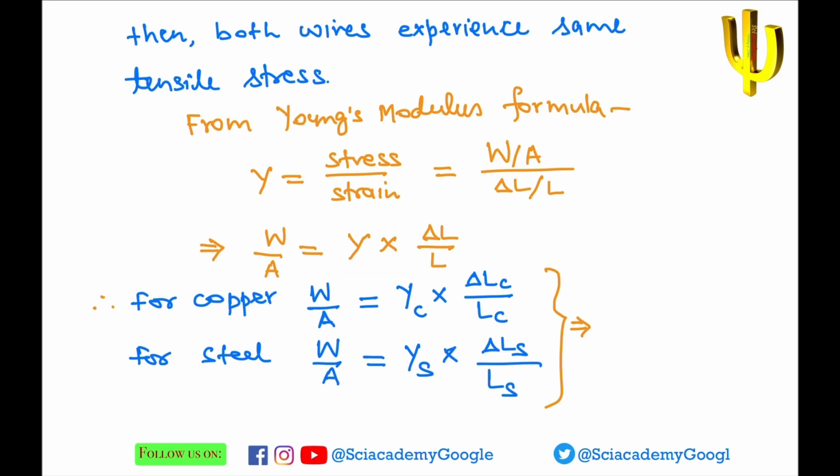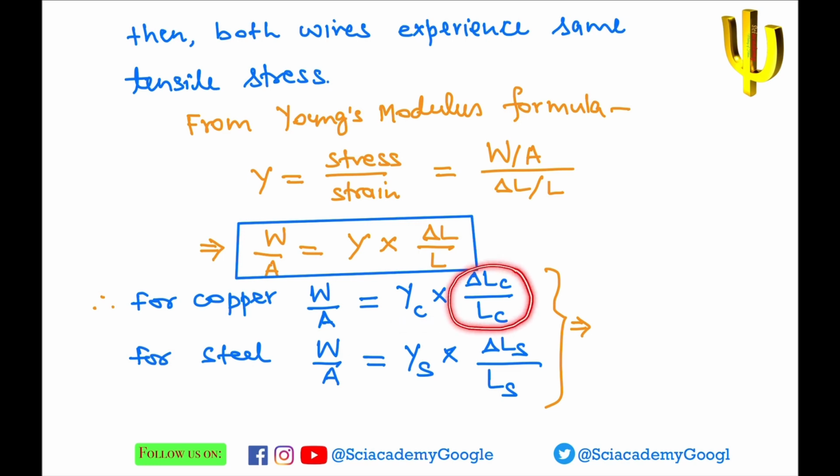From this relation we get the equation W by A, that is stress, equals Young's modulus into the strain. Now for the copper wire, stress W by A is equal to Young's modulus for the copper wire, YC, into delta LC by LC, and for steel, stress is equal to YS into delta LS by LS.